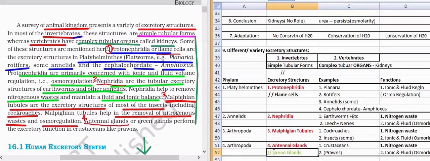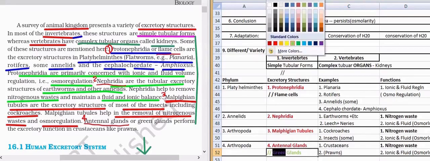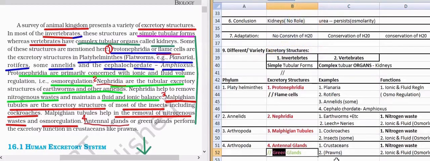Remember this. The function is similar: the waste and the ionic and fluid balance, meaning how much ion is necessary and how much is not required, so the extra will be removed. For this purpose these tubes are working. Okay, so the topic ends here.